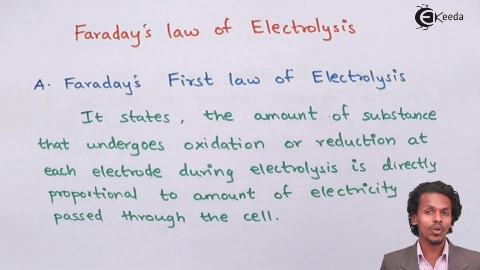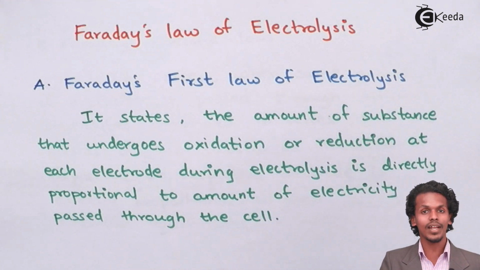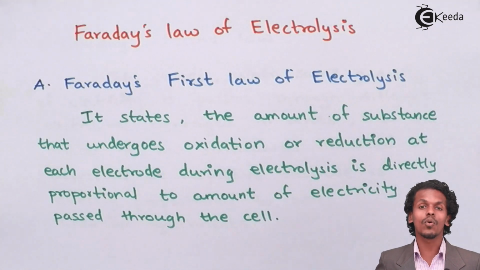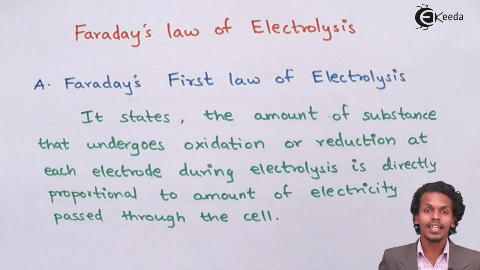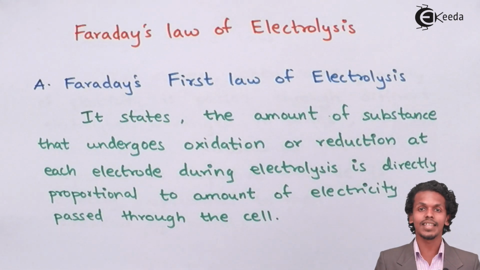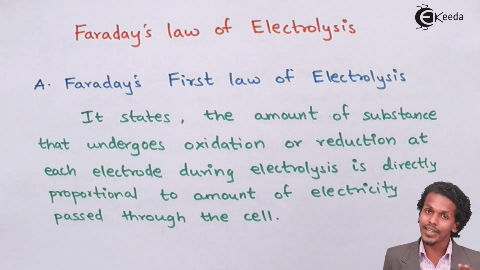If more current is passed through the cell for more time, then the electrolysis will happen much more effectively. So this is what Faraday's first law says, that if you pass more current through a solution, then the electrolysis will occur more, and that is for more time also.